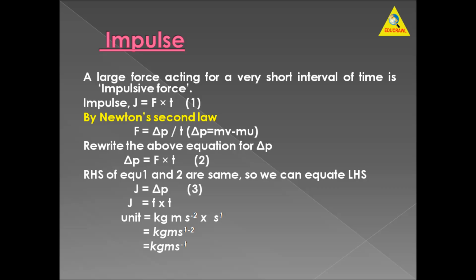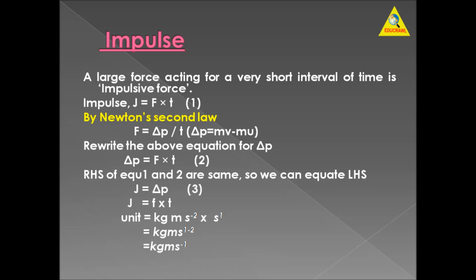By Newton's second law, we know that force is directly proportional to the rate of change of momentum. Hence F is equal to del P by t, where del P refers to the change in momentum. So now I am rewriting the above equation in terms of del P. So we get del P is equal to F into t.